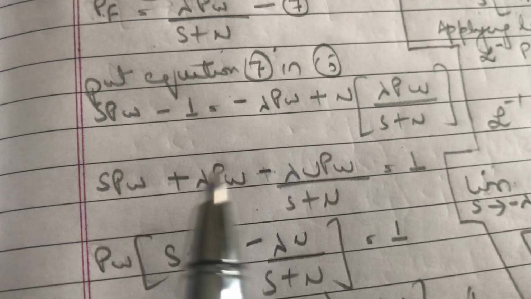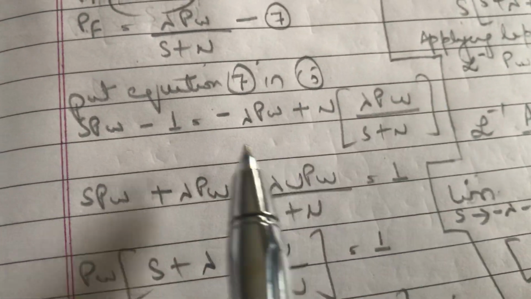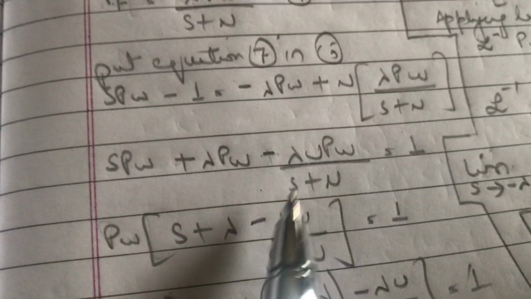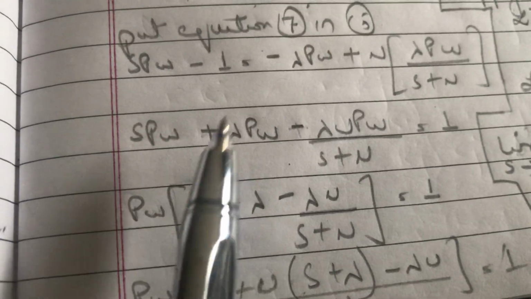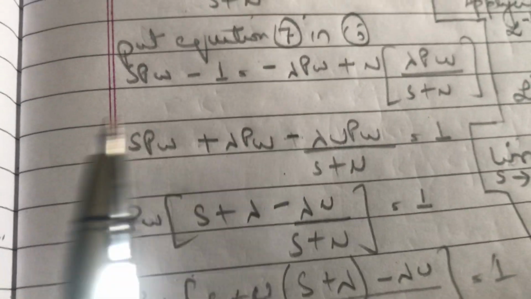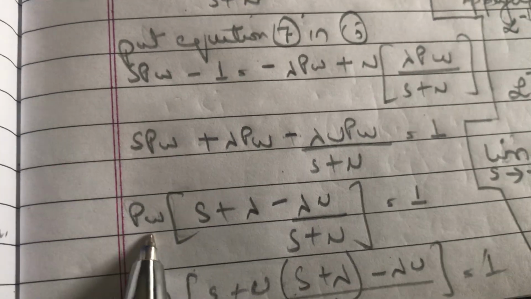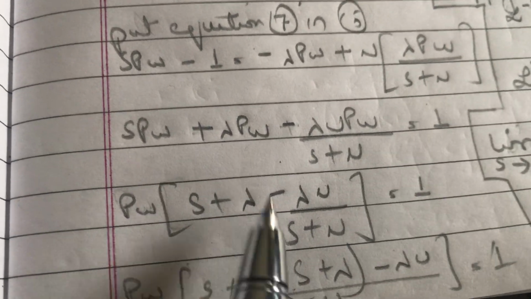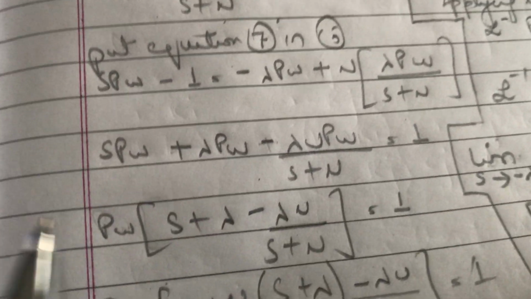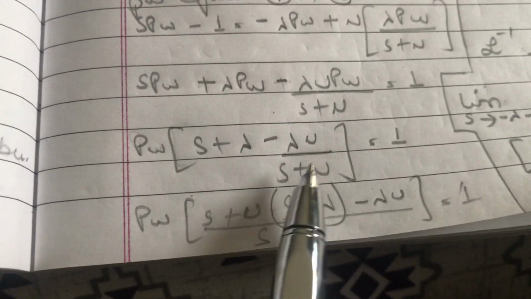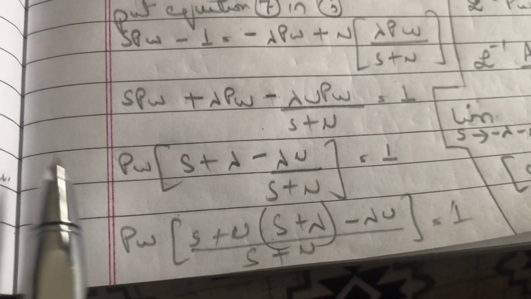So pw, lambda pw and lambda mu pw, s plus mu, sorry, it comes here and the sign changes. So pw is common in all three, so pw comes out, and s plus lambda minus lambda mu, s plus mu equals 1.